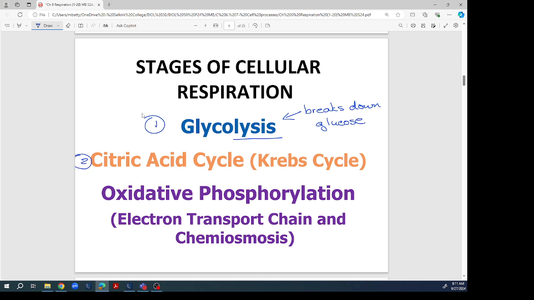You could call it the citric acid cycle, and I'll talk about how citric acid is a molecule in that chemical process. Or it's often called the Krebs cycle. And so Krebs was the scientist who's credited for figuring out this biochemical process. And so it's a shorter word, and often I call that second stage the Krebs cycle, just because it's a shorter word. The third one, like I said, you're going to be tired when we get here, oxidative phosphorylation.